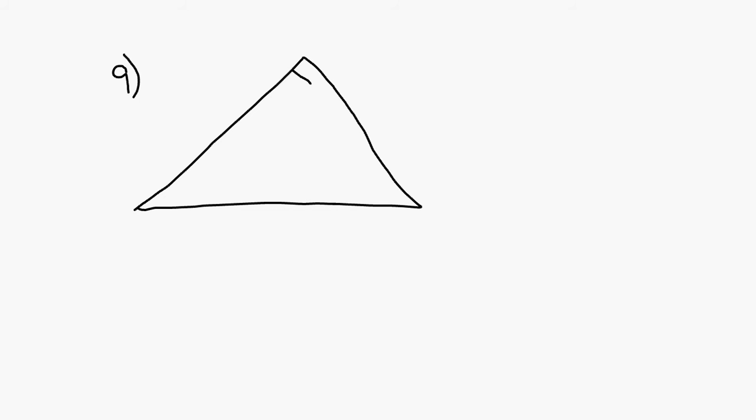Number 9 is another 45-45-90. The left side is 7, the right side is y. This is a 45-degree angle, and this horizontal piece is x. So we said yesterday that if you've got a right triangle and one angle is 45 degrees, the other angle is 45 degrees.